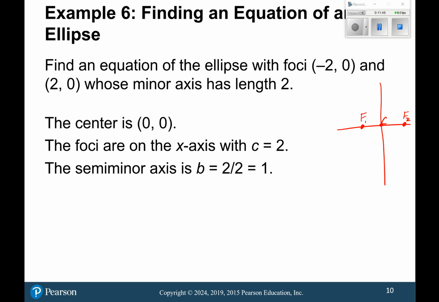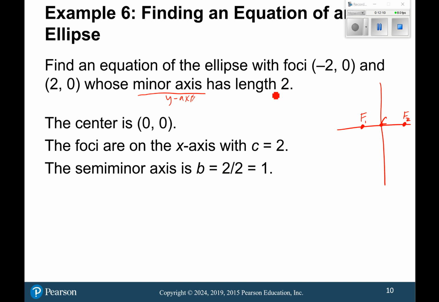They tell us the minor axis, the whole thing, has a length of 2. So that means the minor axis has to be along the y, because the foci are on the x-axis.